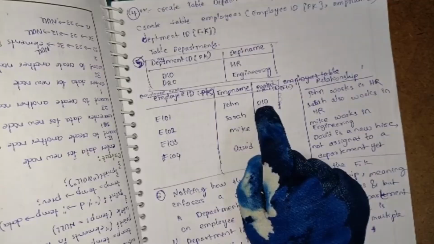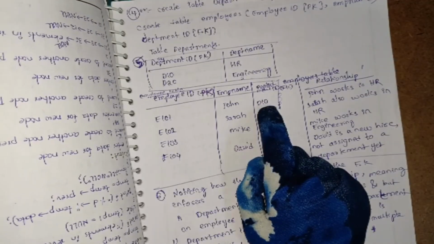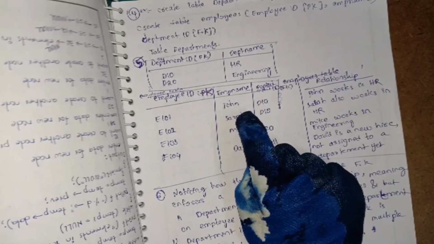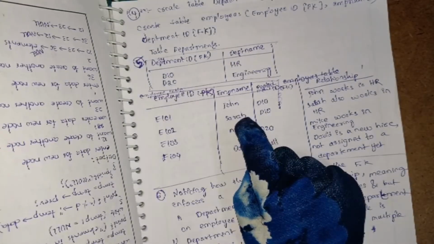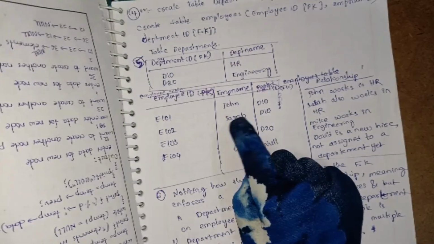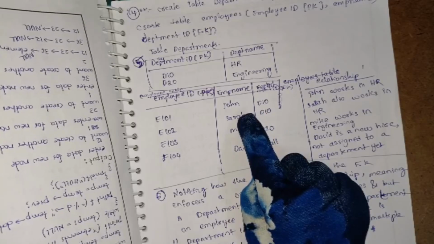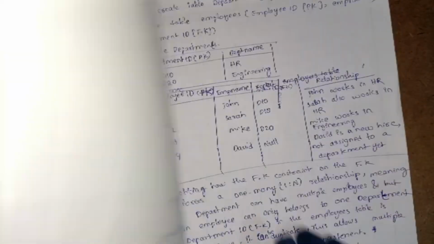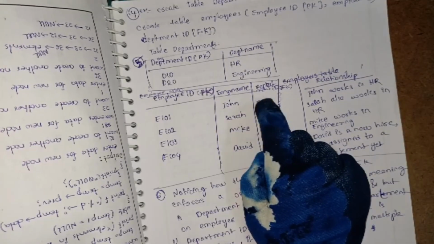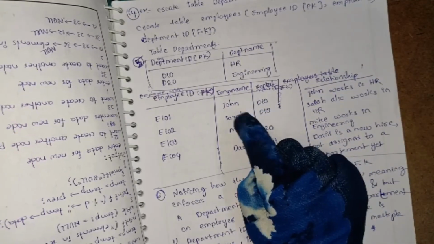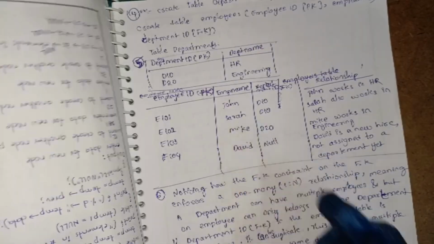So here in the first table, one row D10 is related to multiple rows in the second table, that is John and Sarah. So the one-to-many relationship is D10 to John and Sarah.